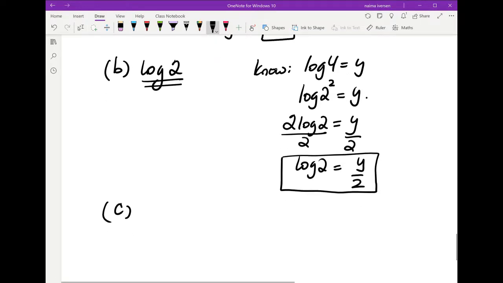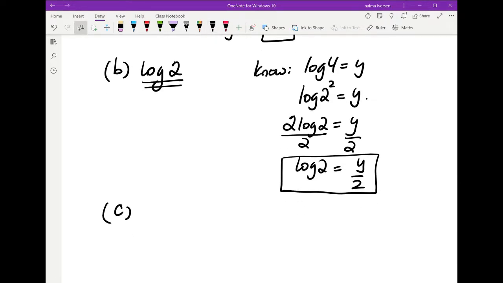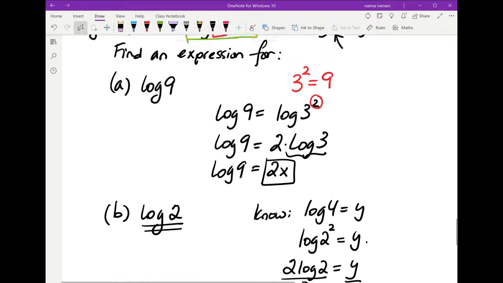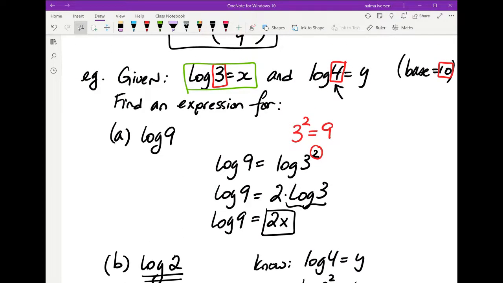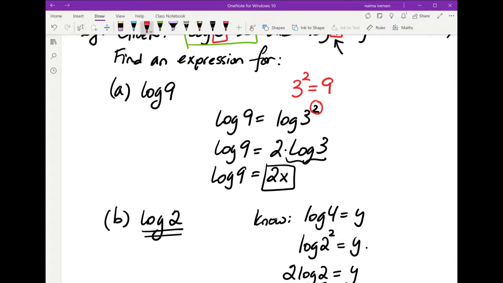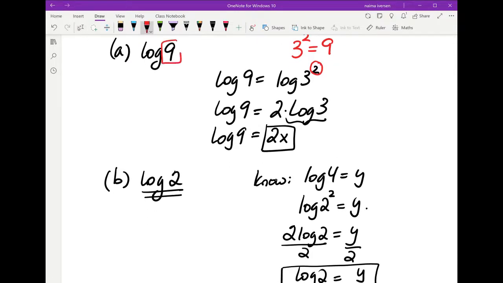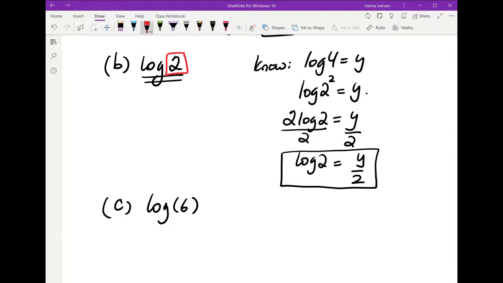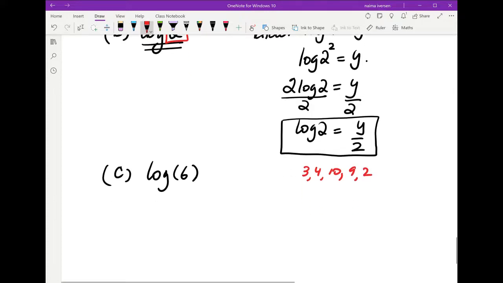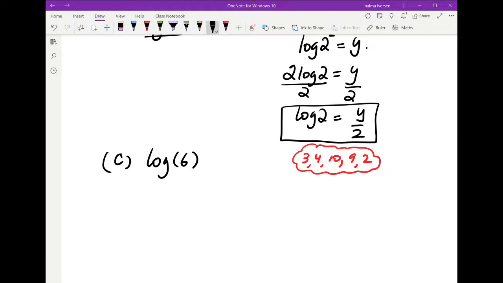Okay, so now let's talk about log of 6. Again, can we get something to do with 3 and 4 and 10? You can also use 9, now that you figured out 9, and you could use 2 as well. So the numbers that we have are 3, 4, 10, 9, and 2. Is there any combination of those things that we could use to find 6?